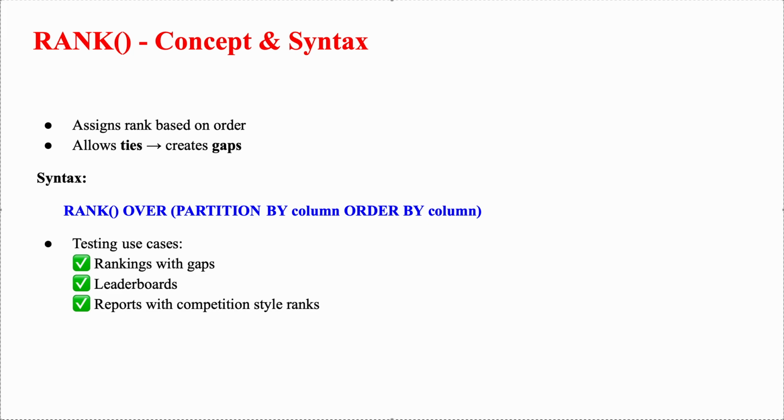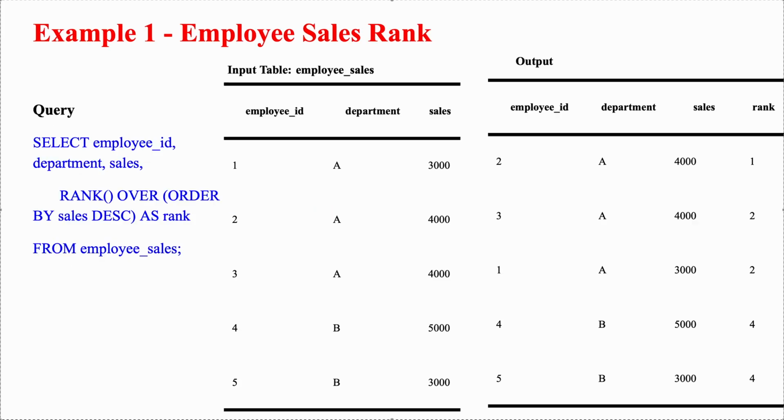Next, let's look at rank. Rank assigns a ranking number based on the order you define, but if there are ties, it gives the same rank to each tied row and it leaves gaps in the ranking. This is perfect when you need to test leaderboards, ranking reports, or any place where a competition style ranking is used.